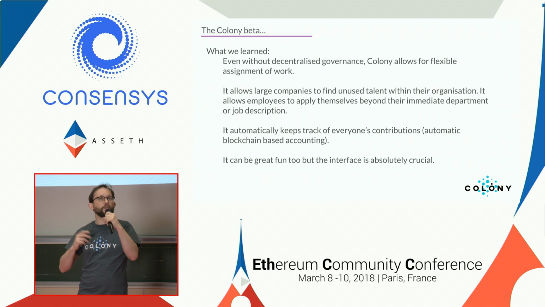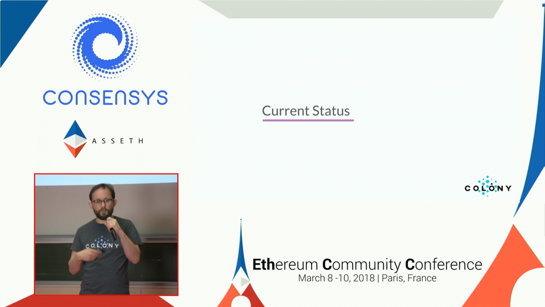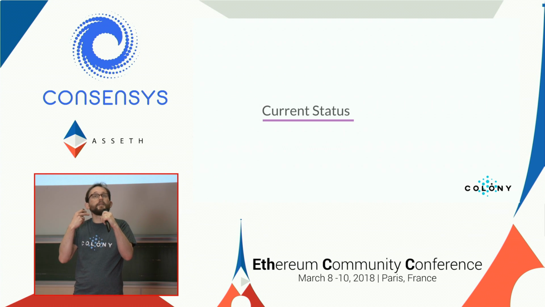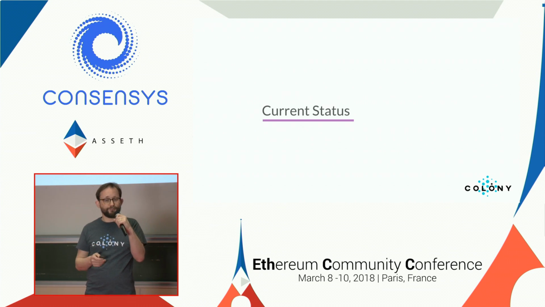So this flexibility was valued on both sides. That was a good thing, nice to learn. Not what I immediately thought as the first use case of Colony, but there you have it.